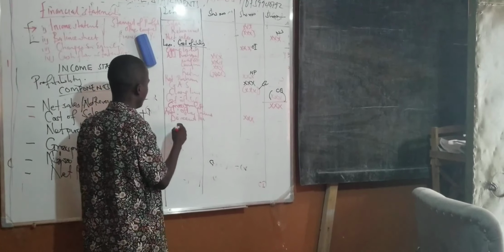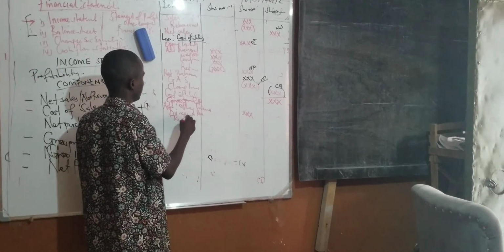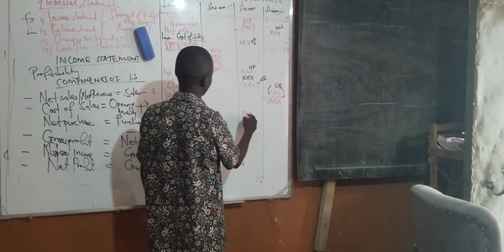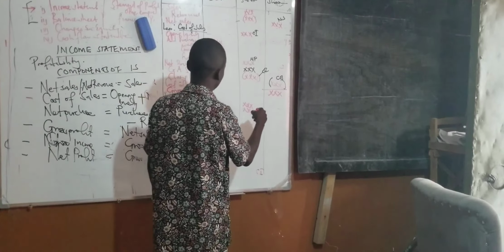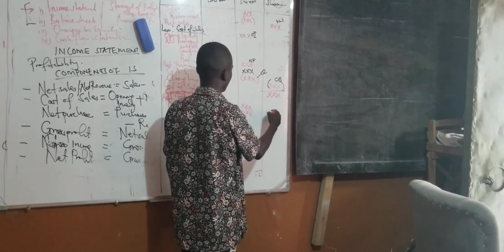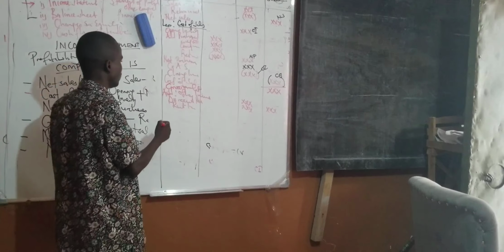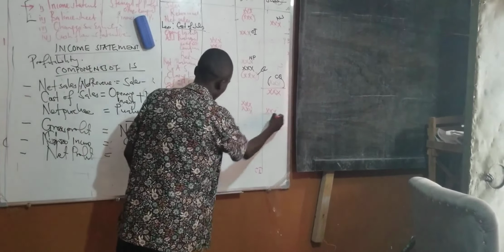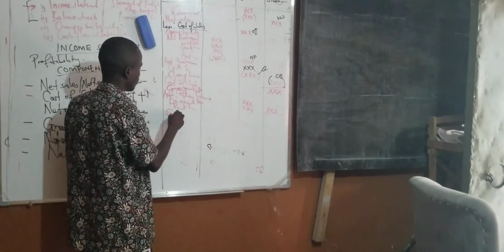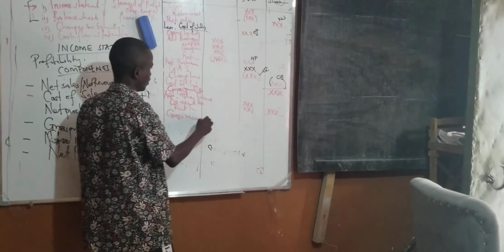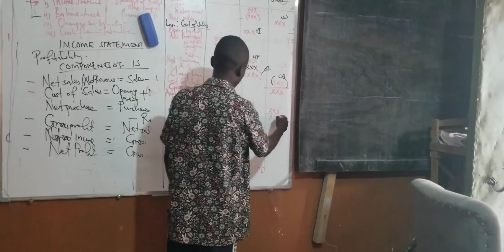We may have rent income. There are many incomes, so you add them from there, as we shall look at more in our subsequent sessions. So when you get the gross profit plus other income, you get the gross income.